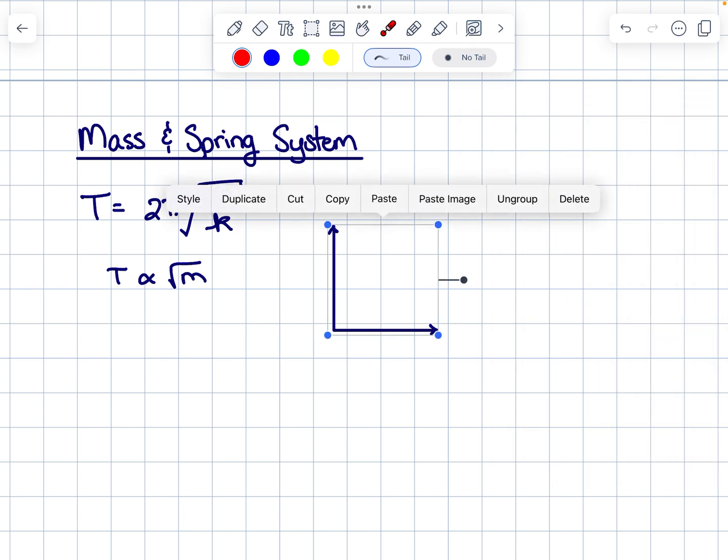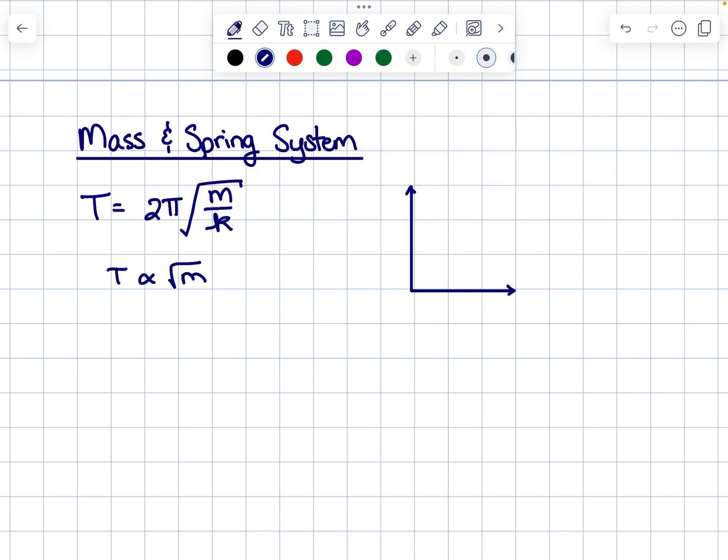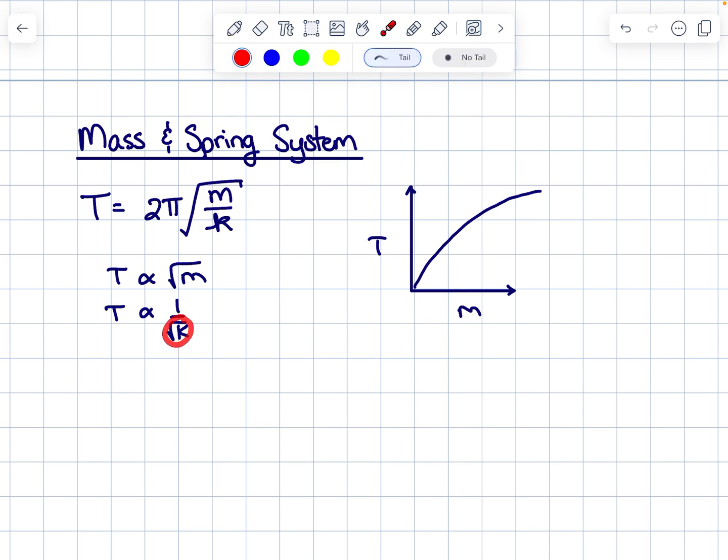Here's my graph. If I were plotting the period and the mass, it's proportional to the square root of the mass, so it would look something like that. Okay? The other thing is that the period is inversely proportional to the spring constant. So as the spring constant itself gets bigger, because it's in the denominator, T gets smaller.